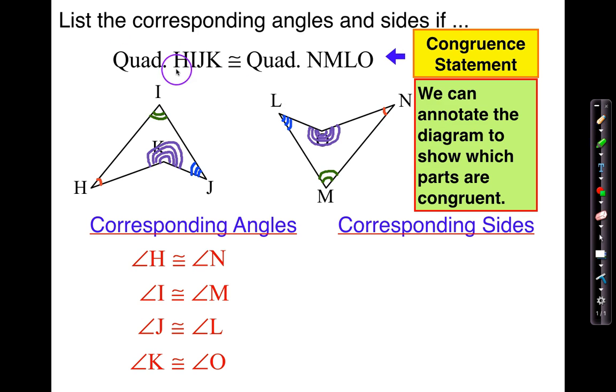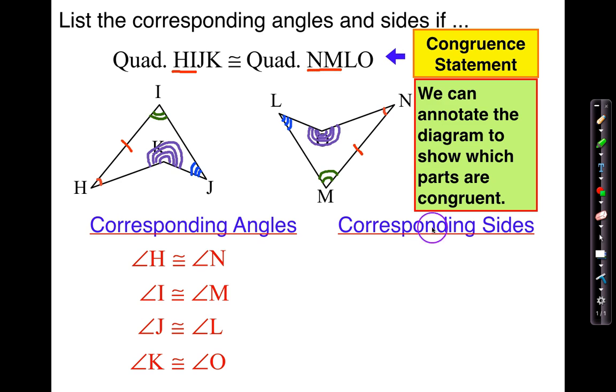So here I'm going to start with H and I since they are the first letters. So looking at segment HI, which is this one here, that would be congruent to segment NM. So I'm just going to put one tick mark. So HI is congruent to NM, which is this length here. And you can even see it is the length that is closest to the one and two tick marks.